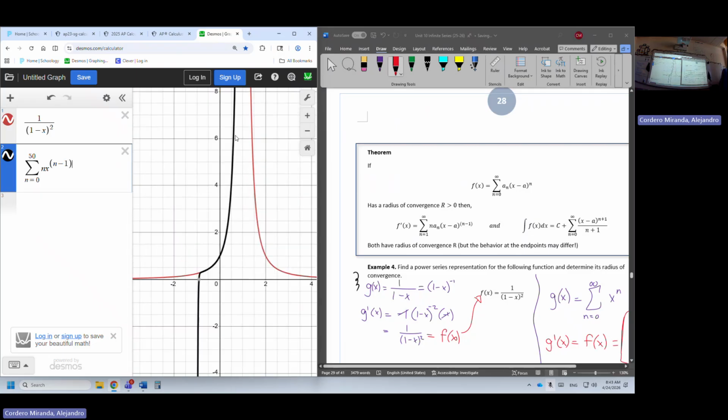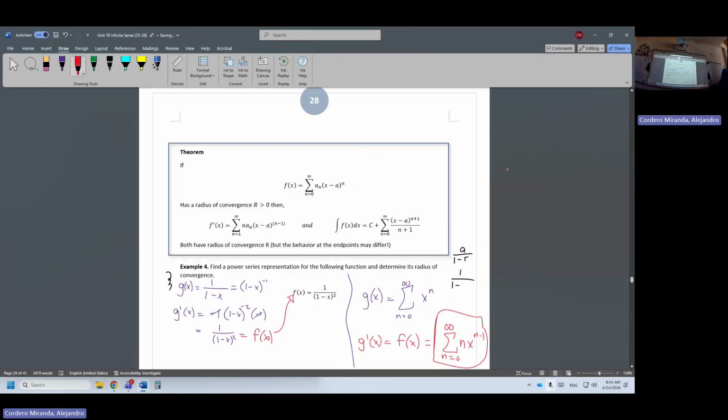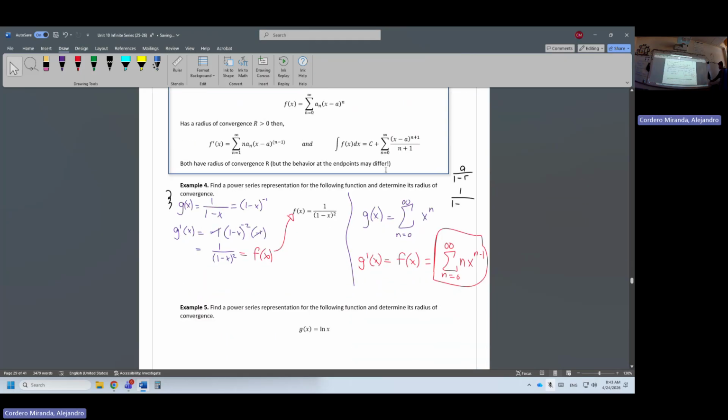Okay, you can see it does indeed match as long as the absolute value of x is less than 1, or between negative 1 and 1. Okay, so final step of this red problem, it says get this red series and determine its radius of convergence.